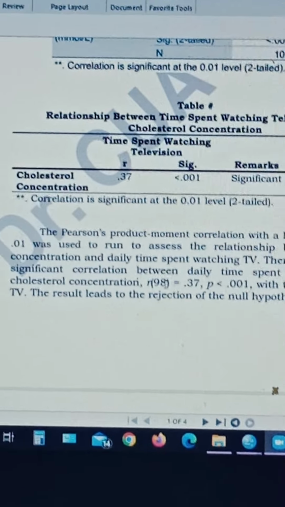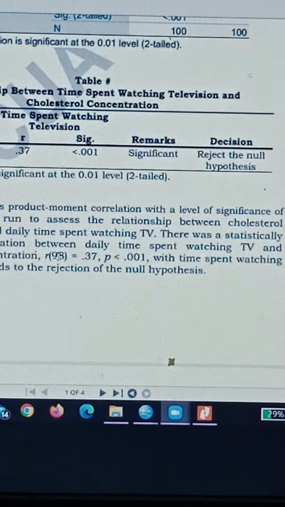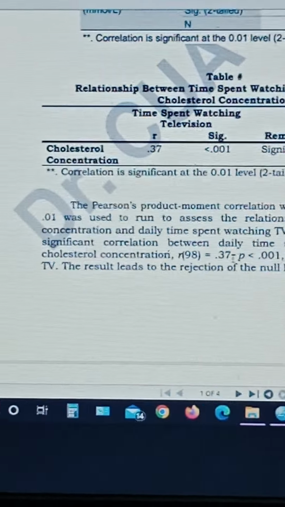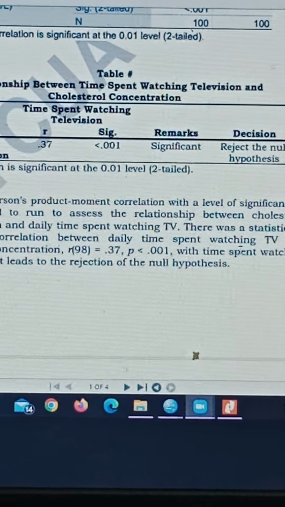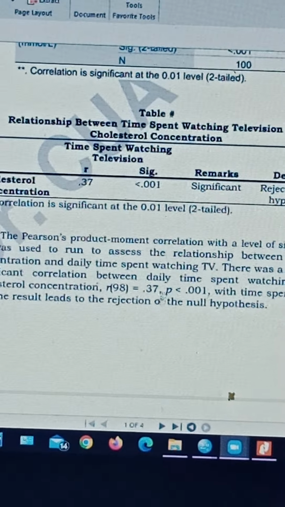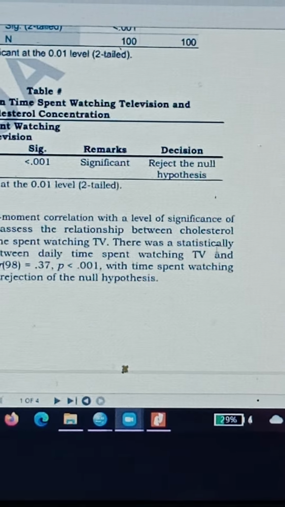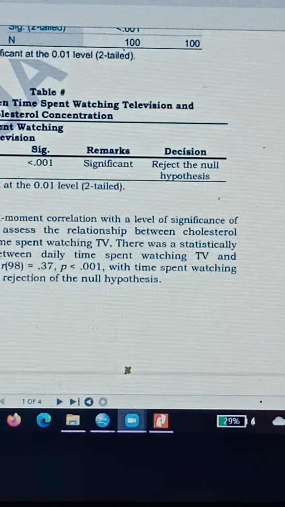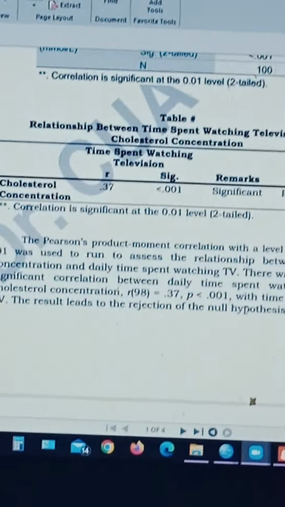That's why we get this value here. So r(98) = 0.37, p less than 0.001. Meaning there is a significant correlation between cholesterol concentration and time spent watching TV. The result leads to the rejection of the null hypothesis.